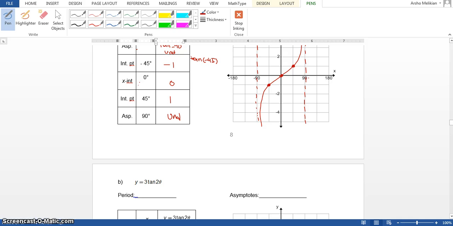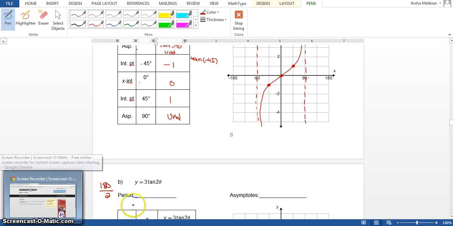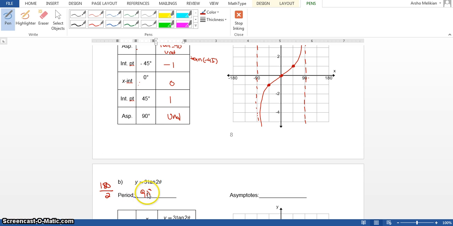All right, so next we have 3 tangent 2 theta. Okay? You have to draw arrows on the ends. All right, so what are the, no arrows necessary. What is the period here? It's going to be 180 over 2. So it's going to be 90 degrees. All right, so here the period was 180, and sure enough, between the beginning and the end of the cycle, it's 180 degrees. 90 plus another 90.